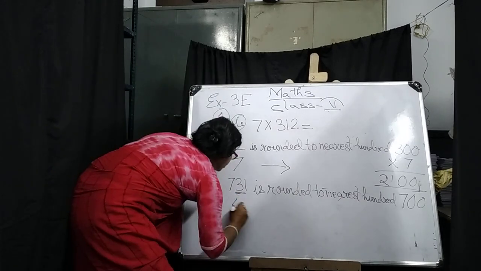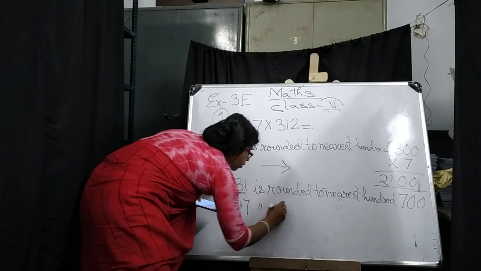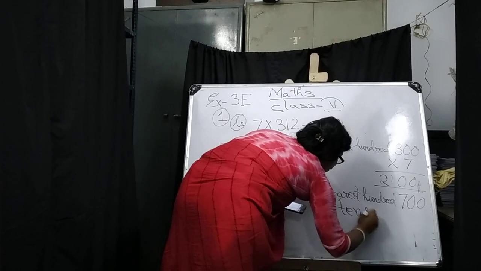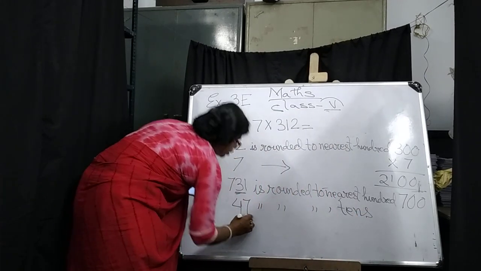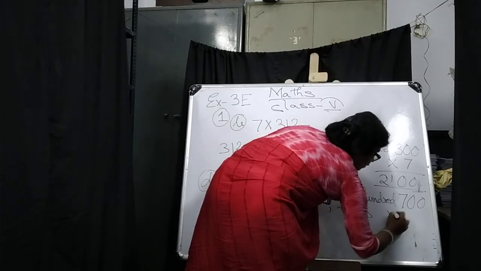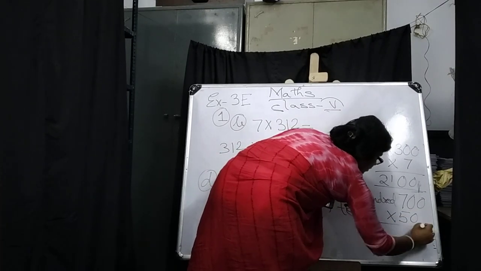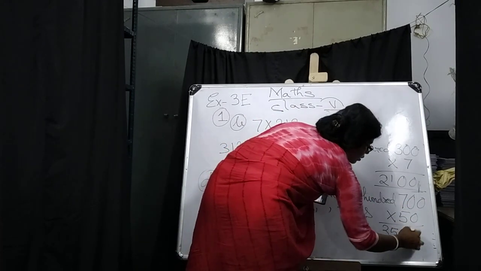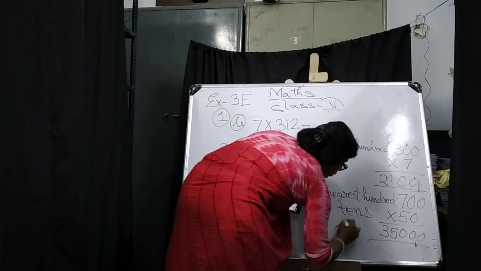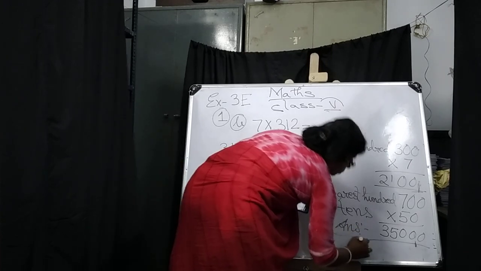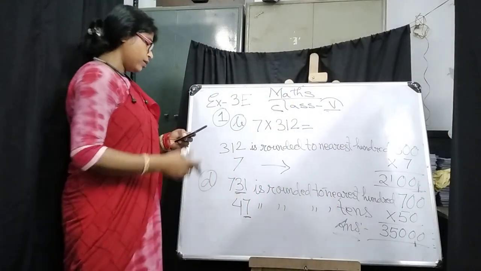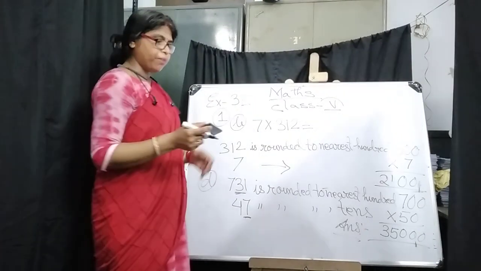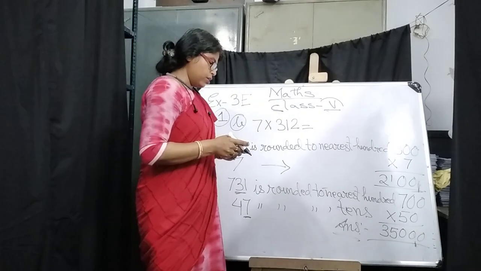And 47 is rounded to nearest tens, that is 50. 7 5s are 35. How many zeros are there? 1, 2, 3. So the correct answer will be 35,000. You have to choose the correct answer. 3 options are there. From there you have to choose the correct answer.